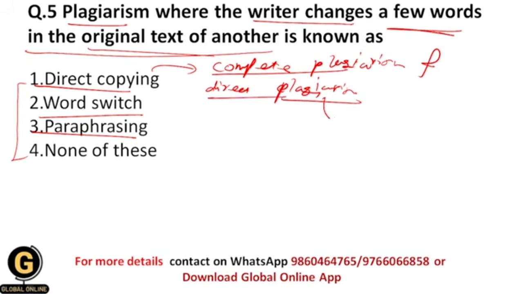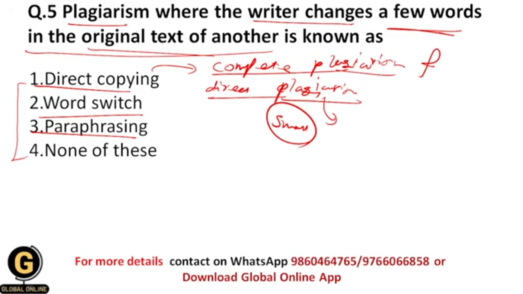Basically students, direct plagiarism is similar to complete plagiarism, but there is a difference between the two. Within direct plagiarism the content that we copy is small, and in complete plagiarism we copy everything, whether it is a research paper or a book.